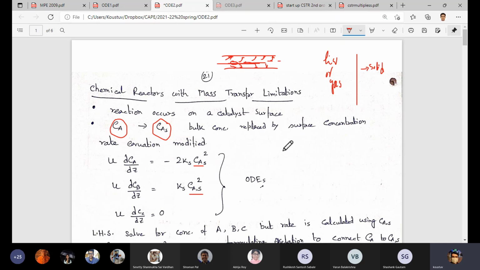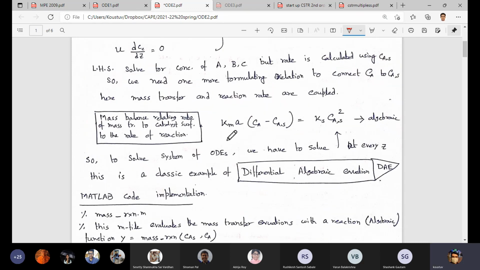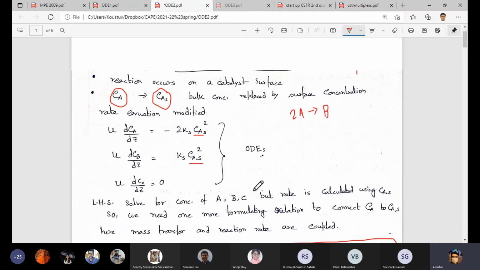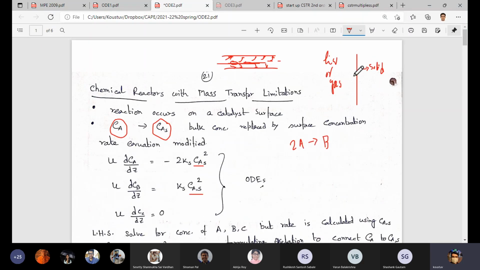If you just see the reaction stoichiometry, it is basically 2A going to, the same example we are considering, but now with respect to the mass transfer limitations. So this particular case we will have to solve by ODE, but we have to incorporate one more equilibrium, one more algebraic relation, because CAS, these surface concentrations or the solid concentrations, are not measurable.